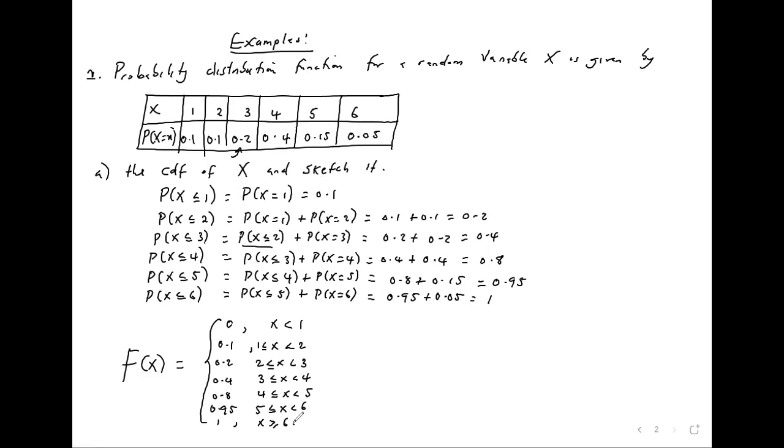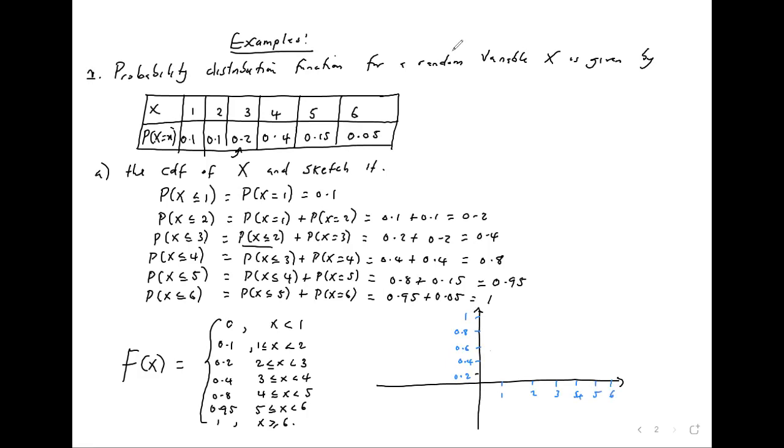Then they say sketch. So how do you sketch the CDF function? Our sketch runs from 0.2, 0.4, 0.6, 0.8, 1 on the vertical axis, and then along the bottom we have 1, 2, 3, 4, 5, 6.